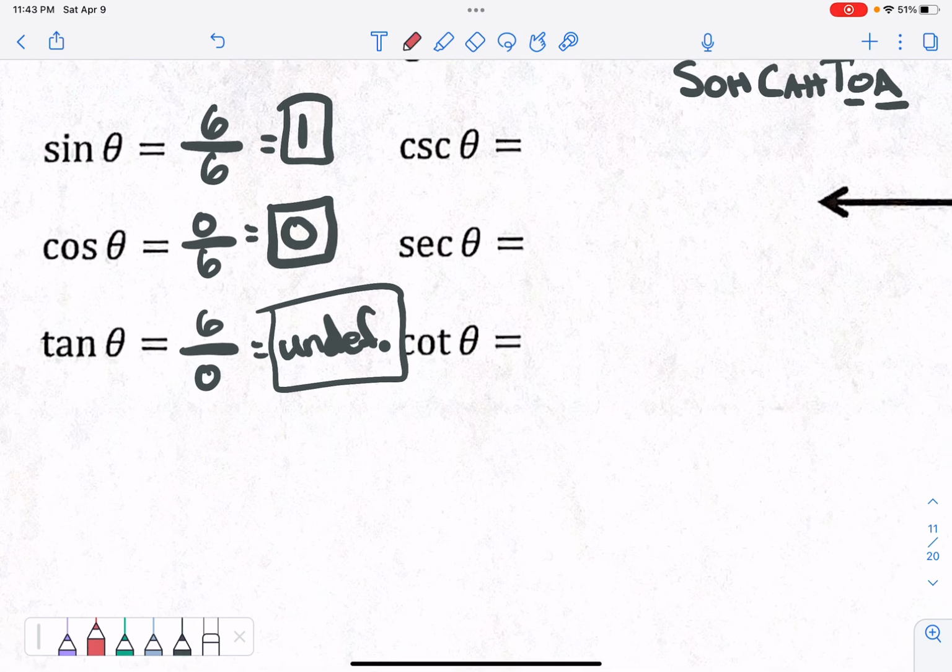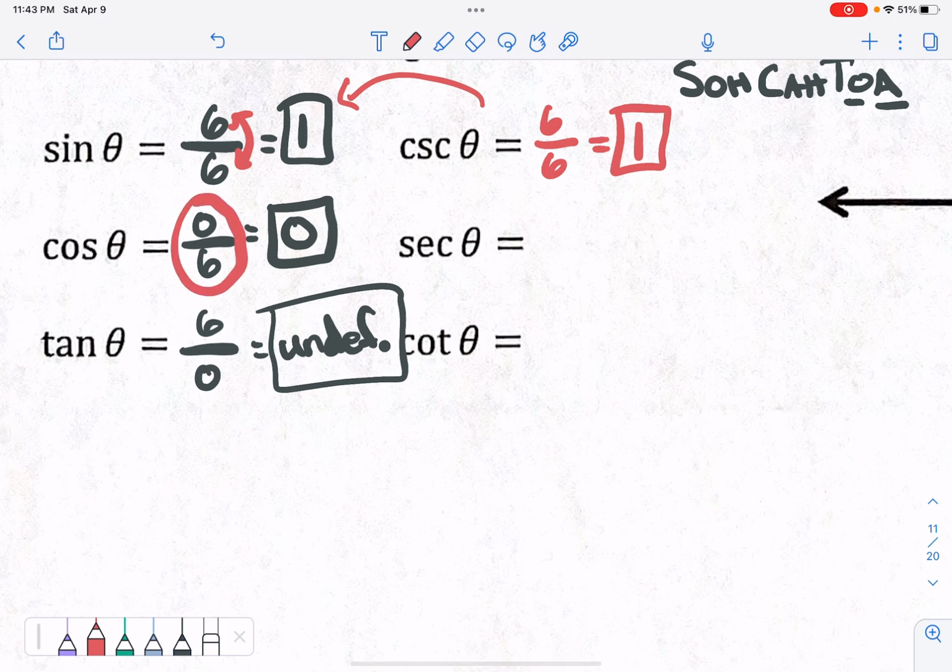Okay, all right, now cosecant. If I take sine and flip it, or let's just think about flipping these two, if I flip 6 and 6, it's still 6 over 6, which is still 1. So if I take 1 and flip it, it stays 1, which is kind of interesting. Secant, though, if I take cosine and flip it, it becomes 6 over 0.